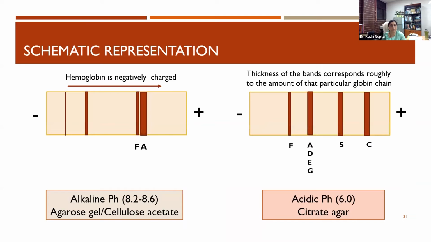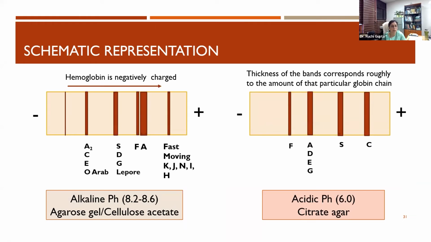So this is just a schematic representation of what happens when you run a hemolysate on an alkaline pH. So now from this is the cathode and this is the anodal end, you have a faint band of A2, and then the major component in a normal healthy individual would be HbA, and just behind HbA we have HbF.